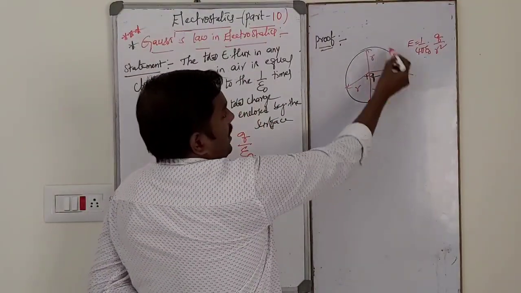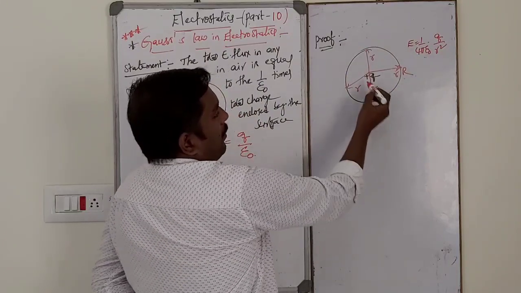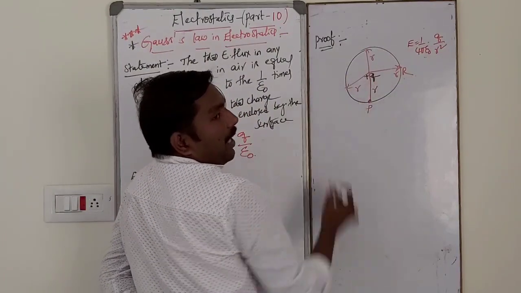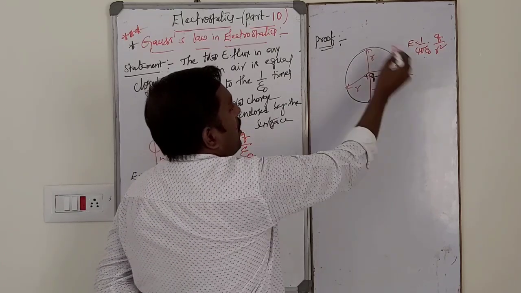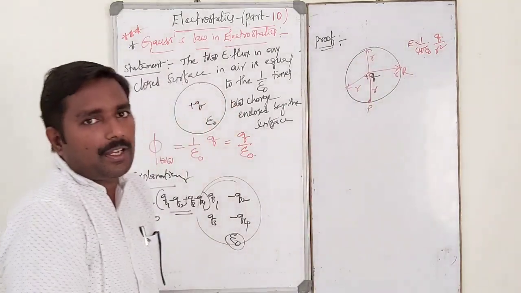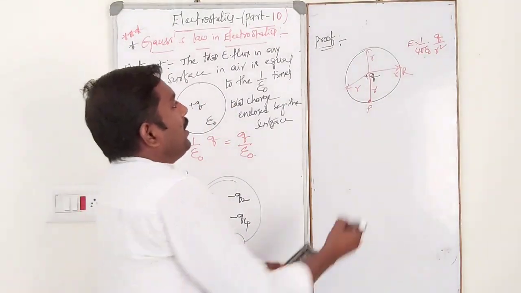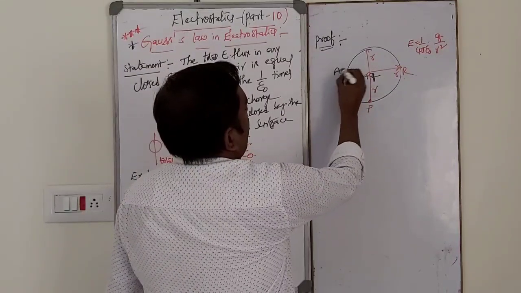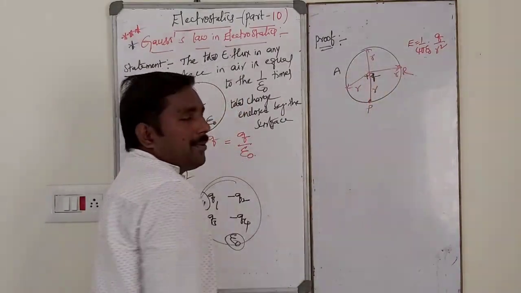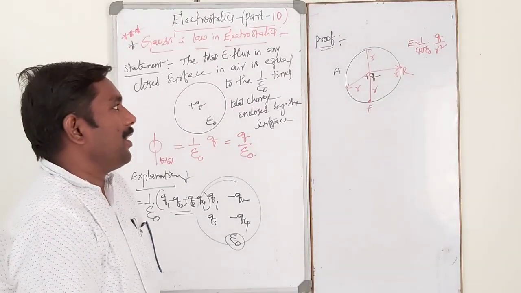So let us consider a surface. Plus Q is the charge placed inside the surface of radius R. Let A be the area of this surface.